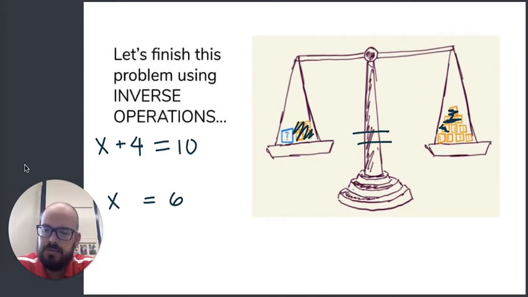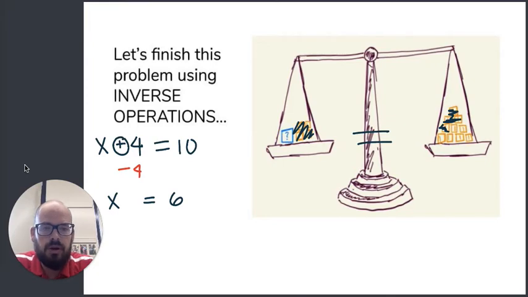But as algebra gets more complicated and there's more steps, this won't help us solve more complicated equations. So we need to practice solving the simple equations. So x plus 4, our operation there is addition, and you see I've circled the addition sign. The inverse is subtraction.